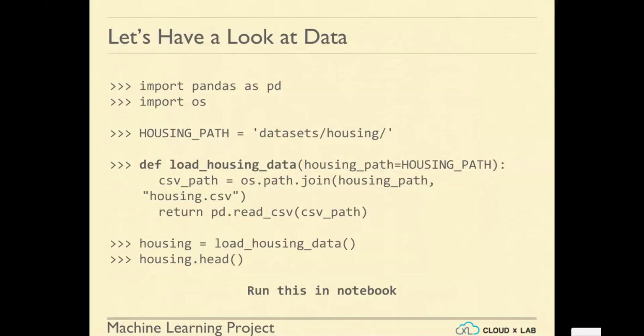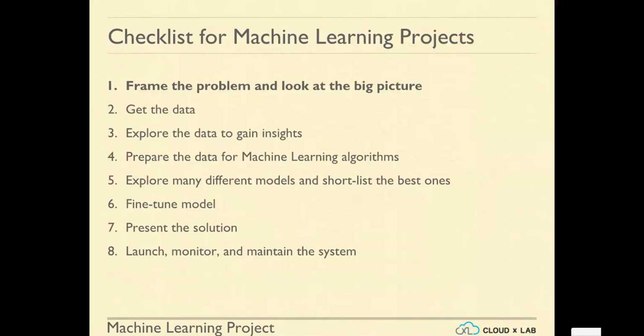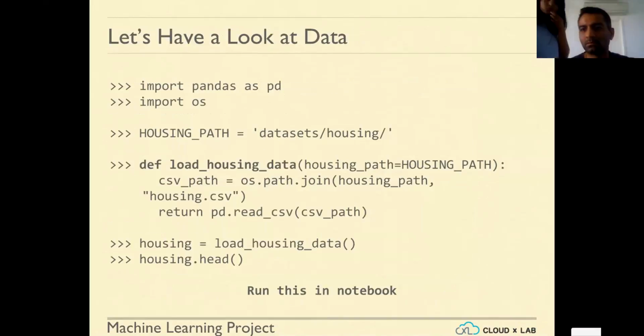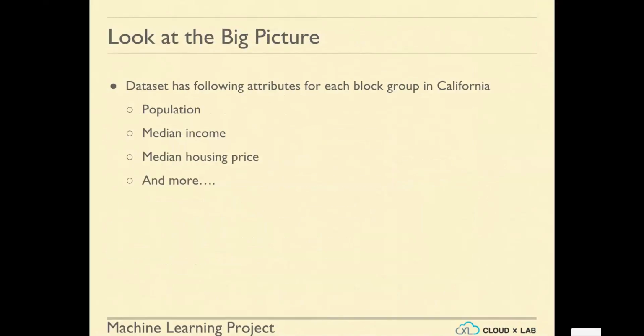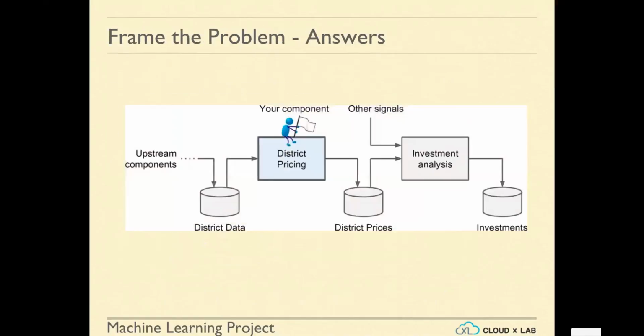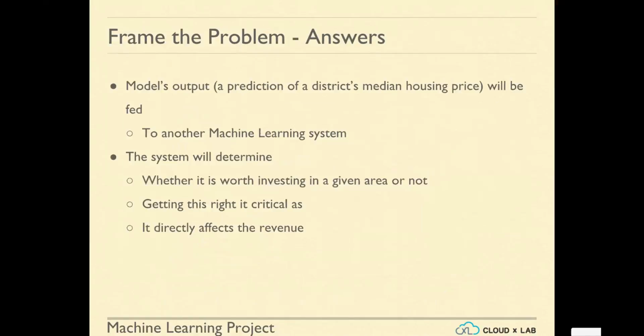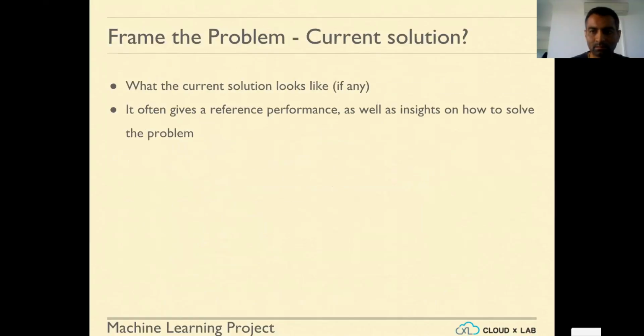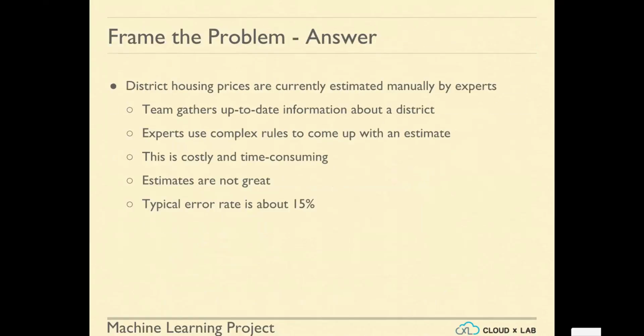Then we loaded the data, and then looked at how it looks. Next, we looked at the big picture, and this is where our model is going to fit. Then we framed the problem. We checked the current solution. Then we got the answer that the typical error rate is 15%.